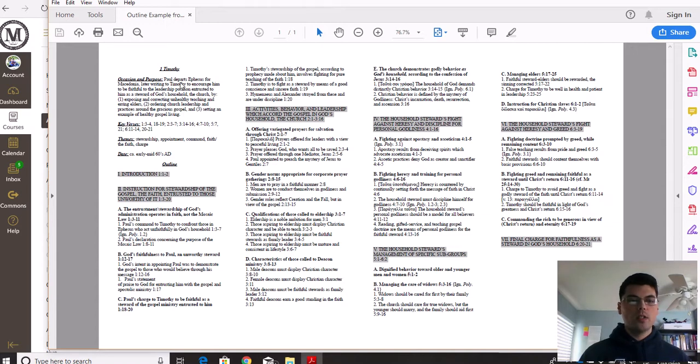The occasion and purpose here. What gave rise to the letter? That's the occasion. The purpose. What's Paul hoping to accomplish with the letter? Does he tell us explicitly, or can we infer that? That's what we're looking for up here.